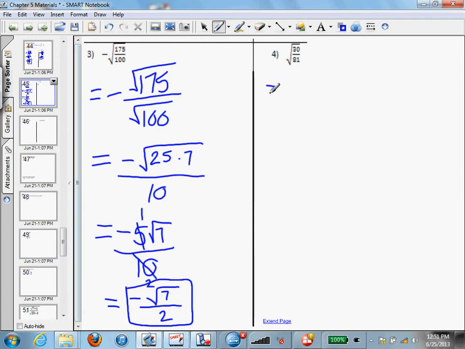Looking at number 4, let's break down the square root of 30 over 81 into the square root of 30 divided by the square root of 81. Excuse me, that is 81, not 91.